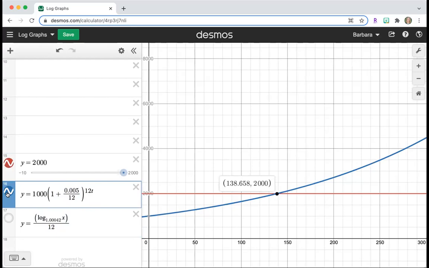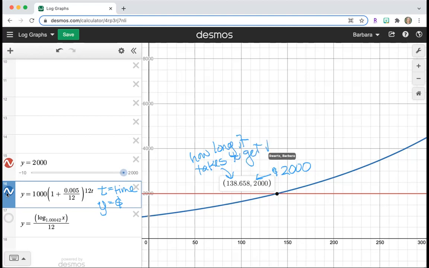Another way, let's remind ourselves, right here, T is our time and Y is our money. So this is our $2,000, and this is how long it'll take to get there.